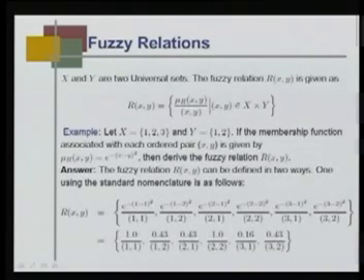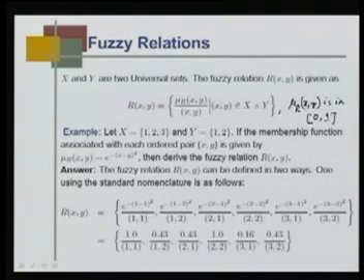So, what is the difference between fuzzy and crisp relation? In fuzzy, where mu R(x, y) is a number between 0 and 1.